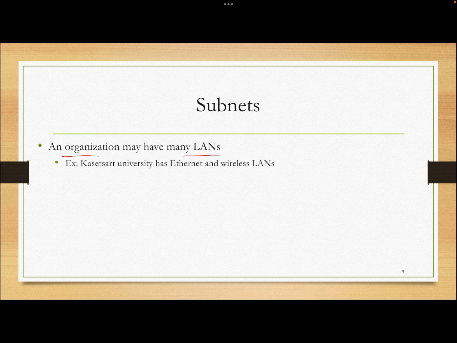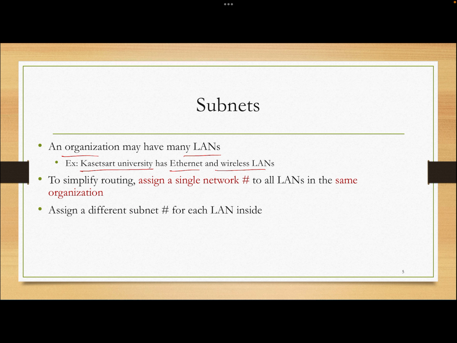So the rest of the network will see it like one big organization, and inside the organization they will handle the routing by themselves. For example, the State University has Ethernet and also wireless LAN. We have many LANs inside, a big organization.